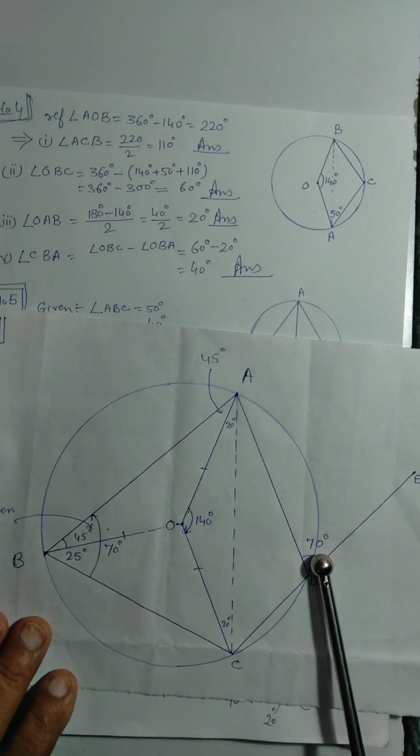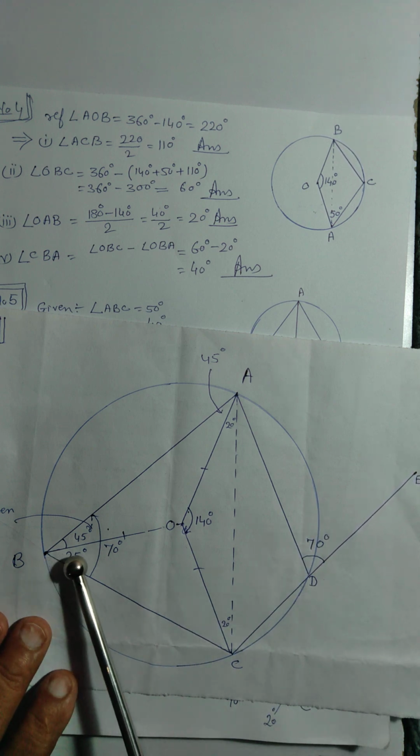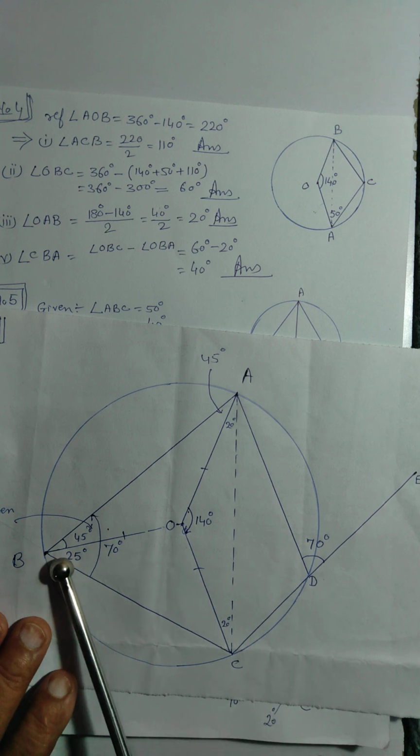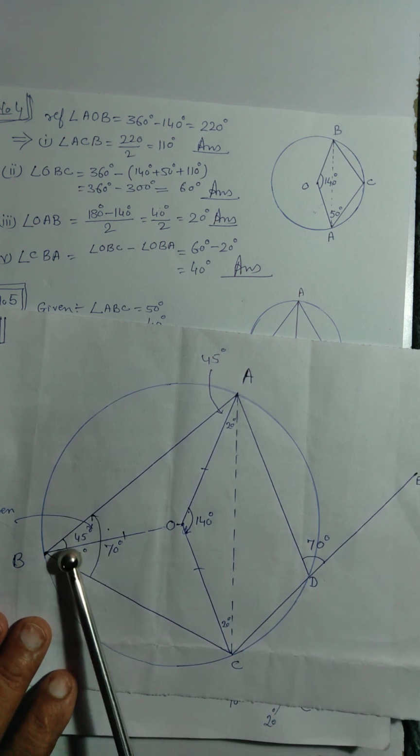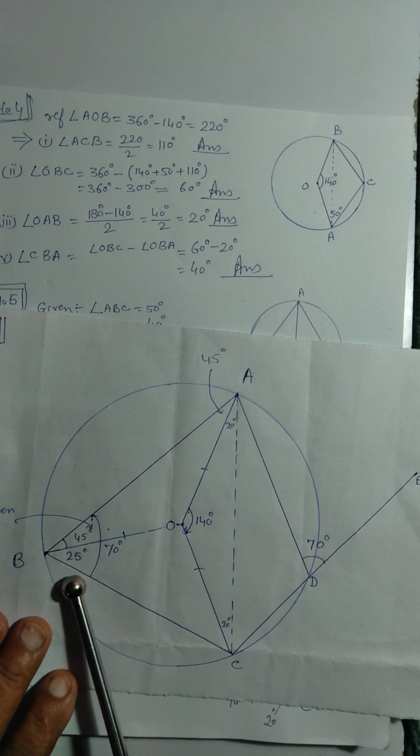Now this exterior angle of the cyclic quadrilateral is 70 degrees, so it will be equal to the interior opposite angle. It will also be 70 degrees. So 70 minus 45, that will be 25 degrees.